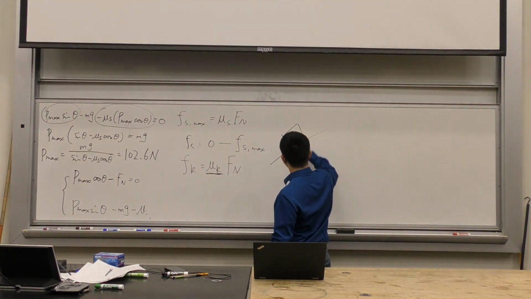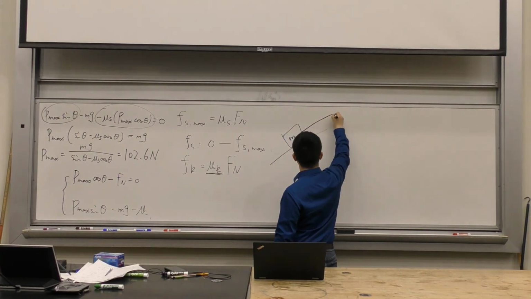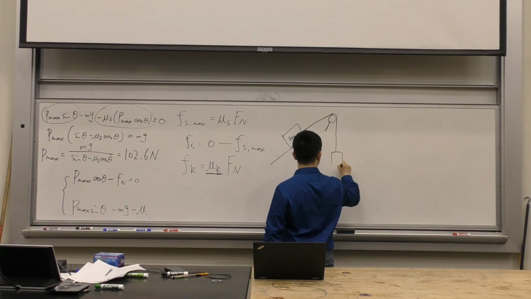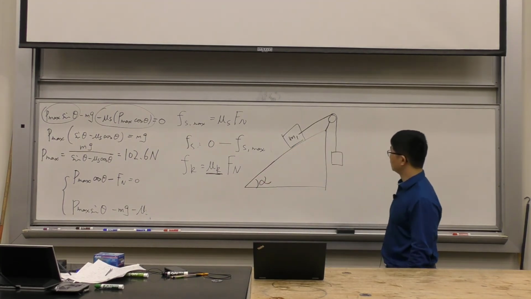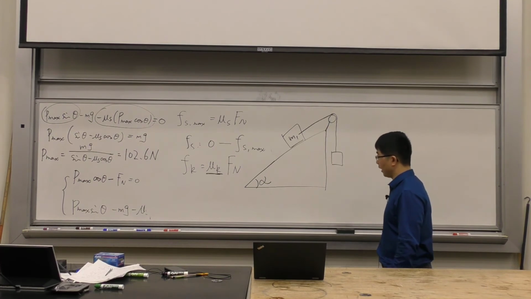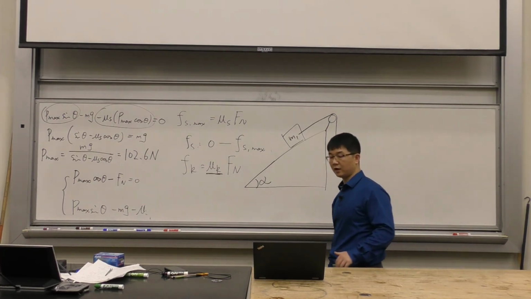So this is M1, connected to M2 through a string over a pulley. The incline has an incline angle alpha, and we're not going to change that angle.